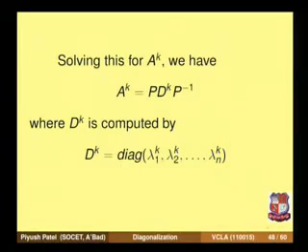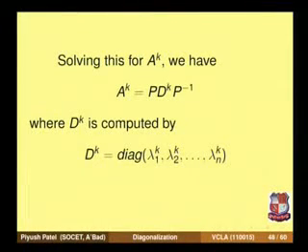So in order to find the higher power of A to the power k, one needs D to the power k, and D is a diagonal matrix, so it is easy to compute its powers. The powers of a diagonal matrix are what? Just raise the diagonal entries to the power, and the rest of the entries are 0. That is, any power of a diagonal matrix is again a diagonal matrix, so D to the power k is given by raising the diagonal entries to that power, so you can easily compute the powers.